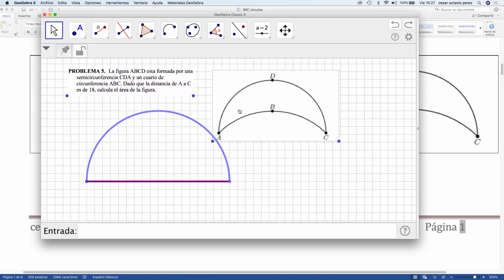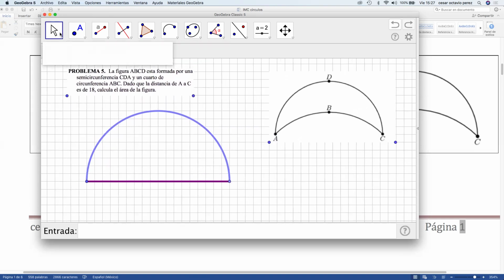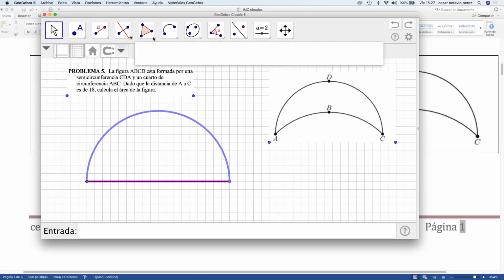Here we will have that. First, okay, let me see. Let's make all the drawing. This is a semicircle, okay? And here, this is a quarter of a circumference.